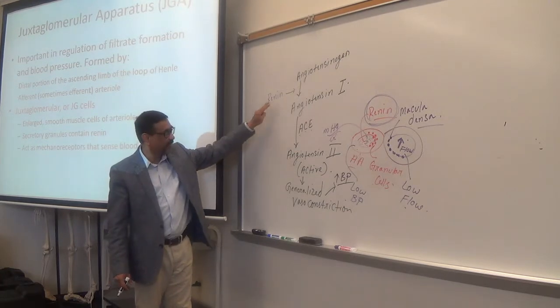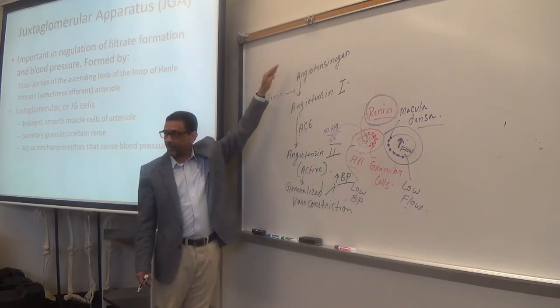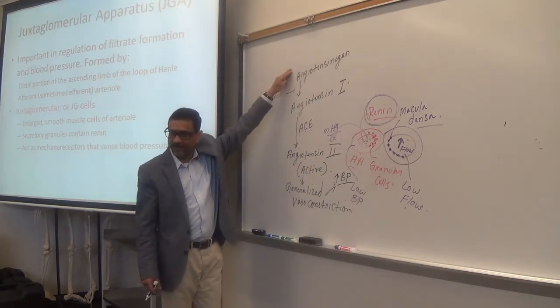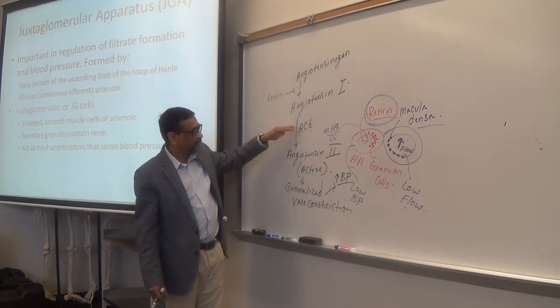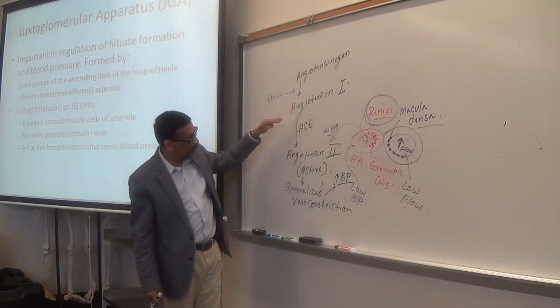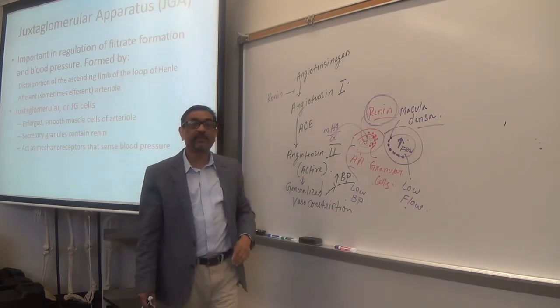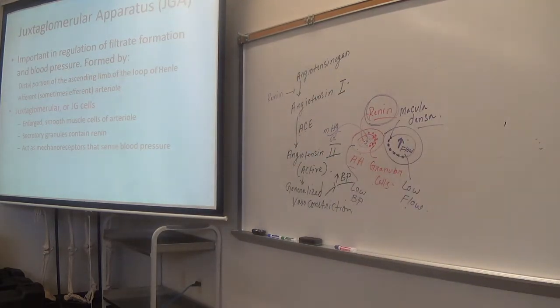It doesn't directly work on the blood vessels. It converts the angiotensinogen, which is inactive, right, present in the blood, to angiotensin 1, and then this chemical converts the angiotensin 1 to angiotensin 2. Angiotensin 2 increases the blood pressure. Okay?